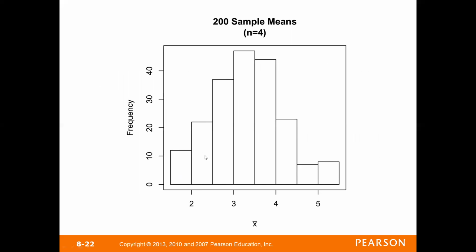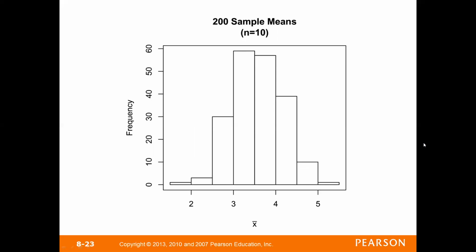And even with just a sample size of 4, we can see that the sampling process does create something that is bell-shaped. Each value was not equally likely in this average. Through the process, we were narrowing in on the sample average of 3.5.